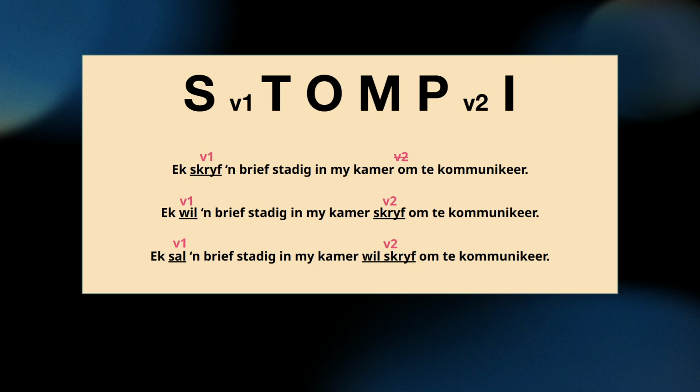And then wil, you will notice, also has to move to my verb 2 position, causing those two to now decide what the priority is between them. And since my priority is sal, then any auxiliary verbs, and only then do I get my main verbs, it's quite easy to figure out in what order they need to be written in.